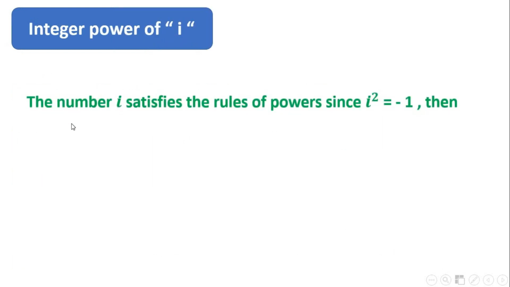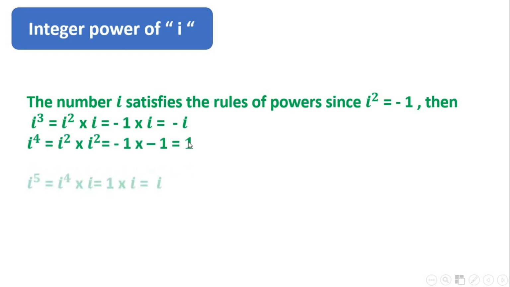The positive powers of i. The number i satisfies the rules of the powers. Since i squared equals -1, then i cubed equals i squared times i. For sure i squared is -1 multiplied by i. The answer is going to be -i. So i to the power of 3 equals -i.